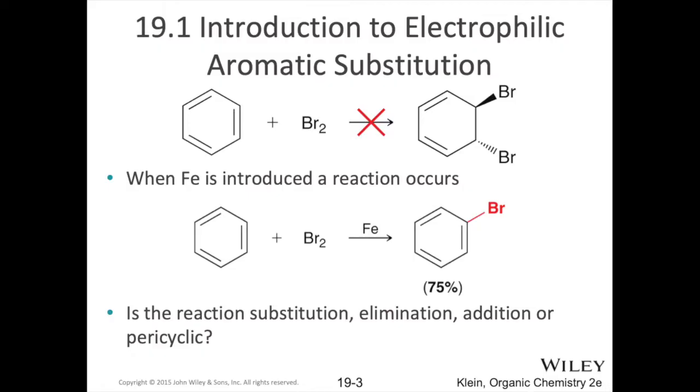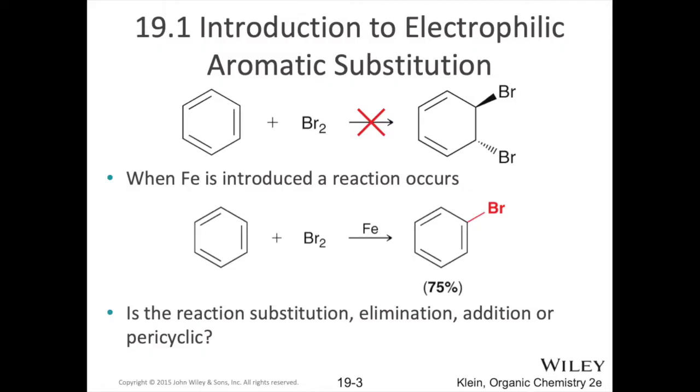We're adding across a double bond. But notice that in the reaction using iron, we still have our benzene ring, right? We still have our conjugated pi system around those 6 carbon atoms in the ring of our benzene. Notice that the hydrogen that's not shown is swapped out for 1 bromine atom. Okay, so please keep in mind that this is a substitution reaction. All right, so we're substituting the hydrogen for a bromine.